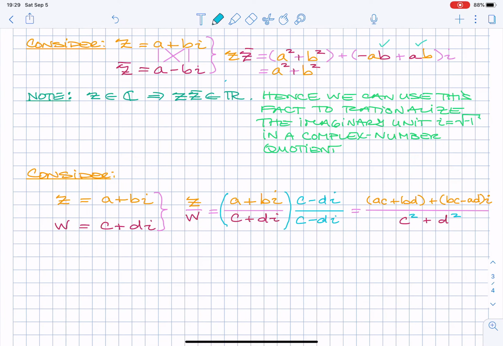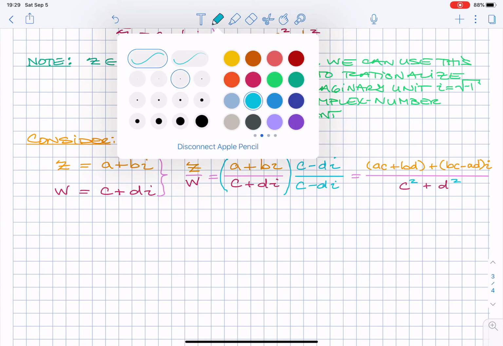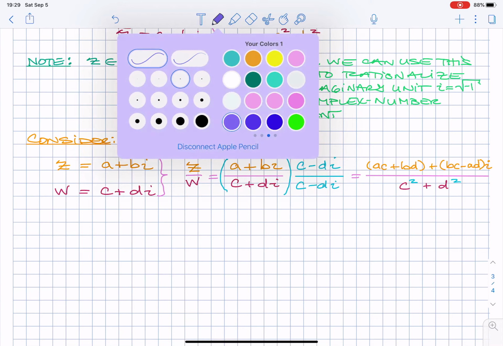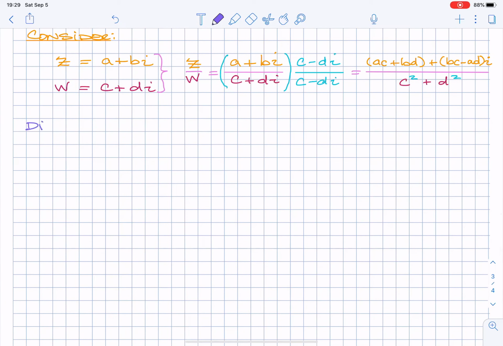Okay, so let's define this formally for the quotient. Division of complex numbers. Once again, let z equal a plus bi and w equal c plus di be complex numbers.